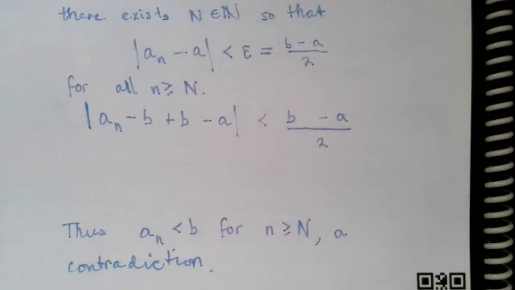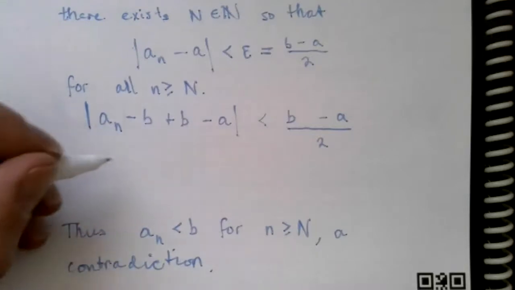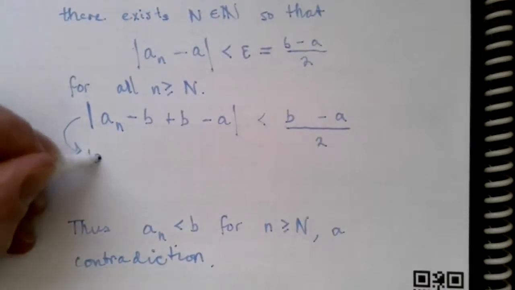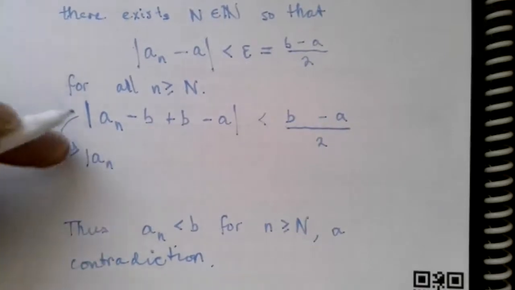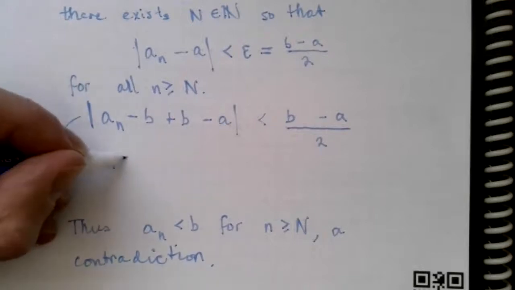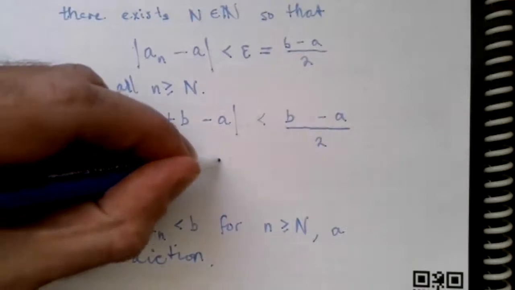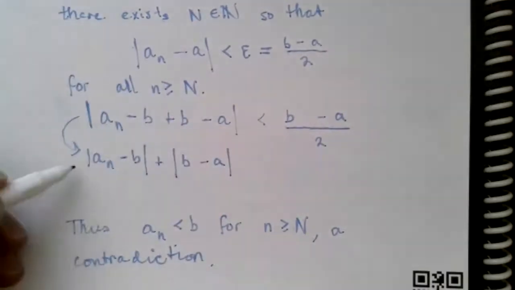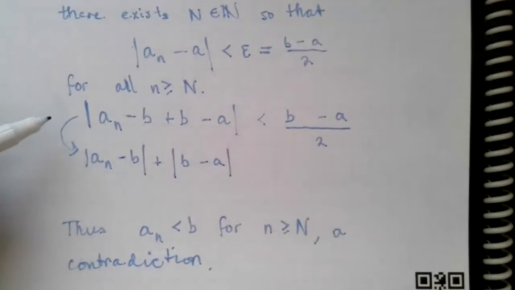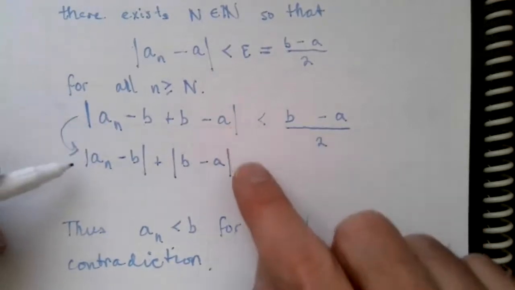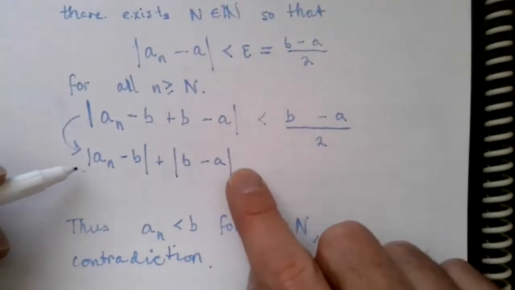Can we use the triangle inequality? Okay, we can probably apply the triangle inequality here. So we can do something like this. We could replace this with A sub n minus B plus B minus A. And we know that this is actually less than this.